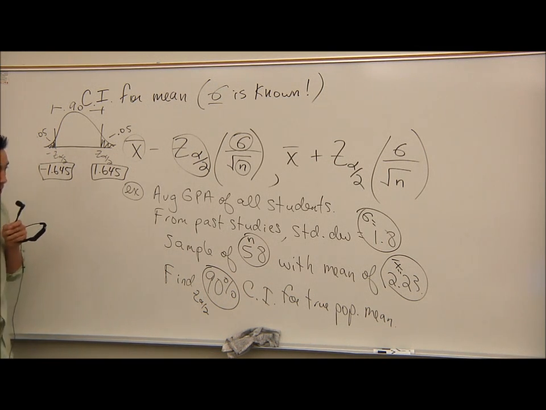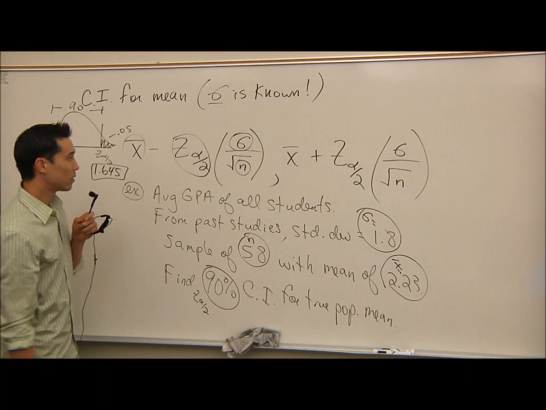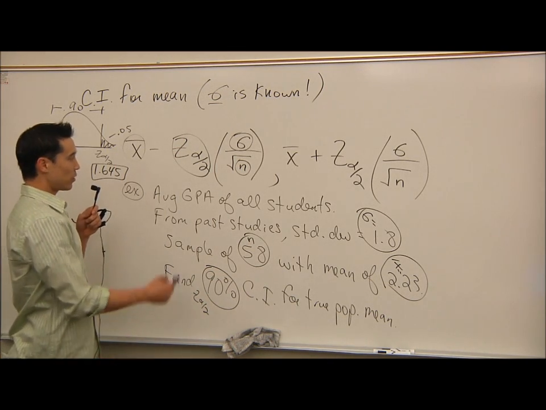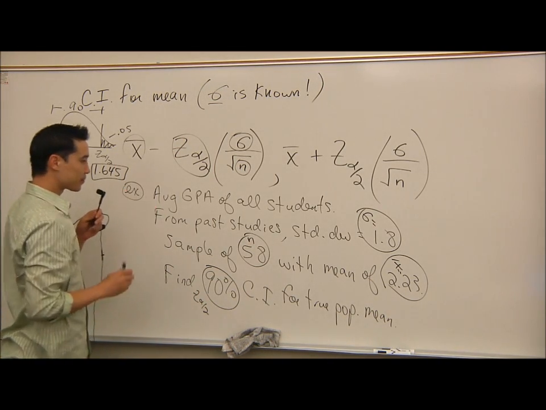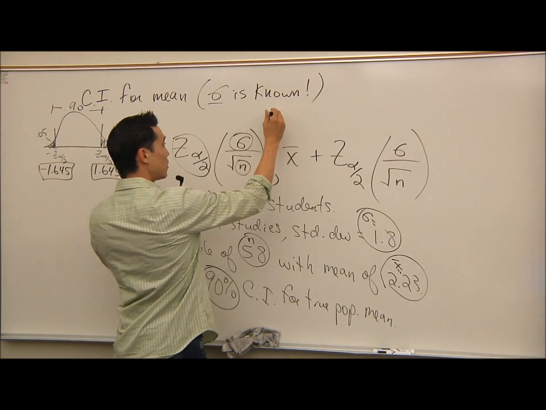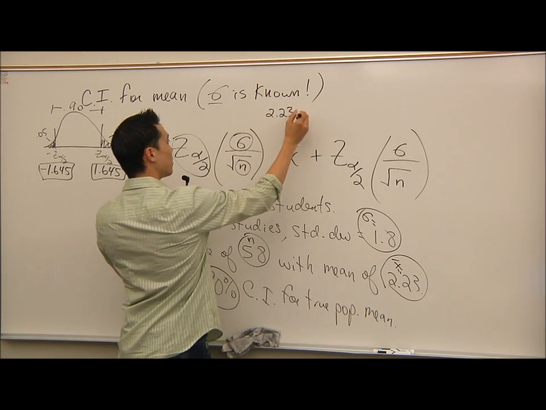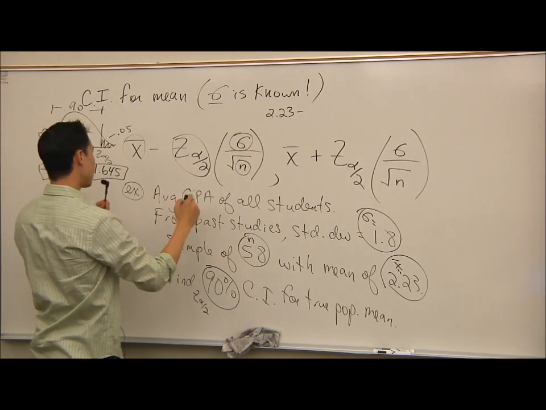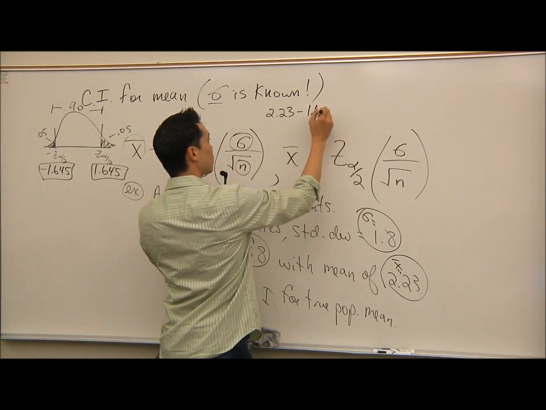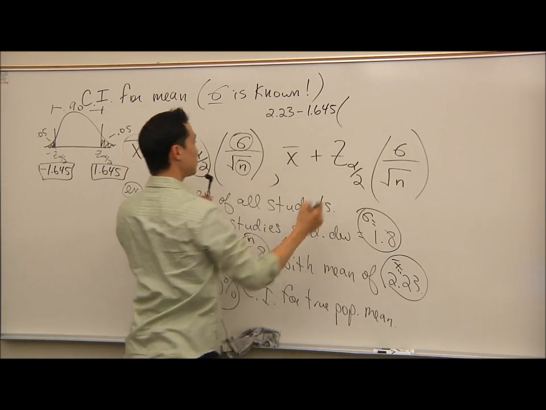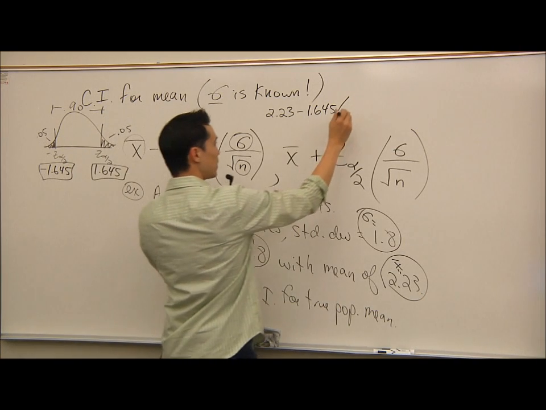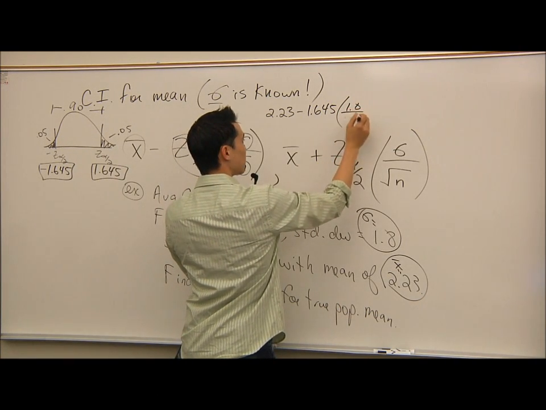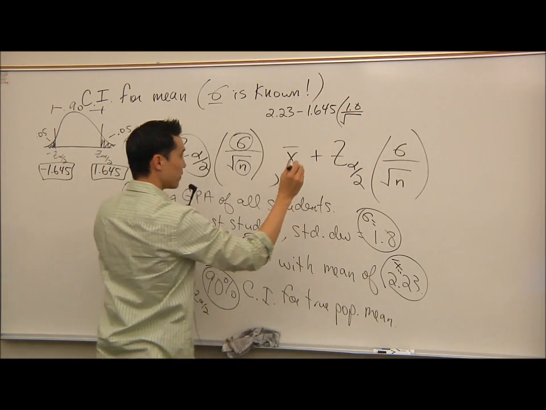All right, great. Let's do this problem. So the formula is 2.23, which is x bar. So I'll just come over here. 2.23 minus z sub alpha over 2, 1.645, times sigma, which is 1.8, divided by the square root of 58.